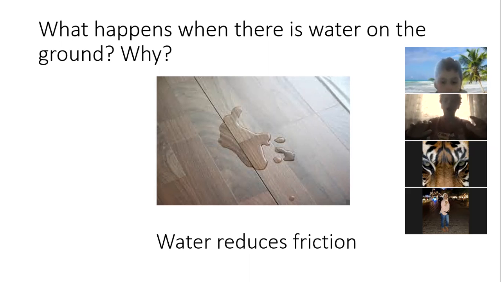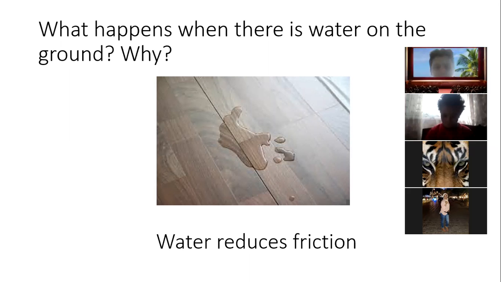For example, when Malik said that we want to drag a table over the ground, it will be much easier if we add some wheels. This is a way of reducing the friction because the wheels will just roll on the ground and make it easier for us to drag anything. Another way is by adding water or ice or oil sometimes to the object in order to reduce the friction.